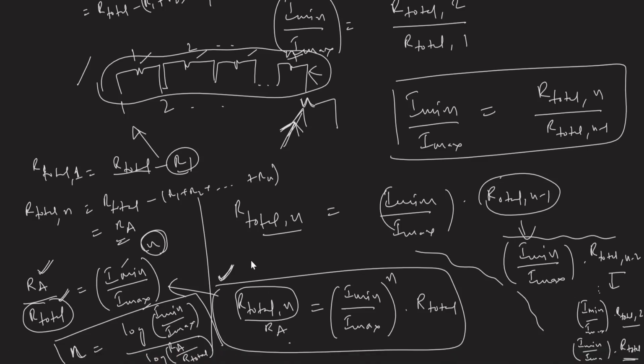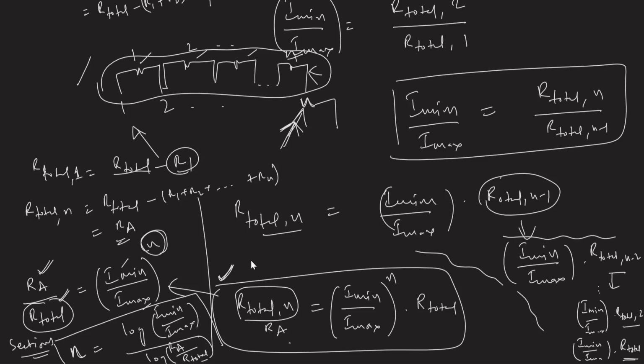What is n? n is the number of sections, not studs. These are the sections of the starter. If I want to calculate the number of studs, then sections plus 1 is the studs. So n is equal to log of minimum current by maximum current divided by log of armature resistance by total resistance.